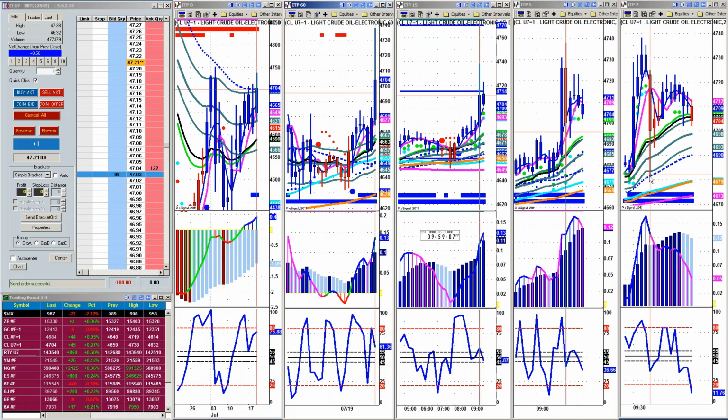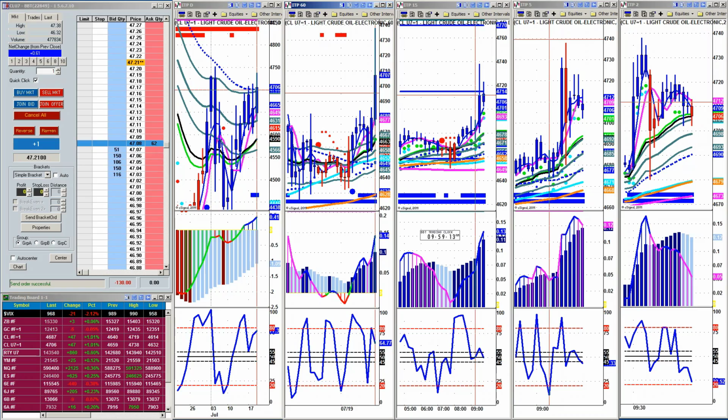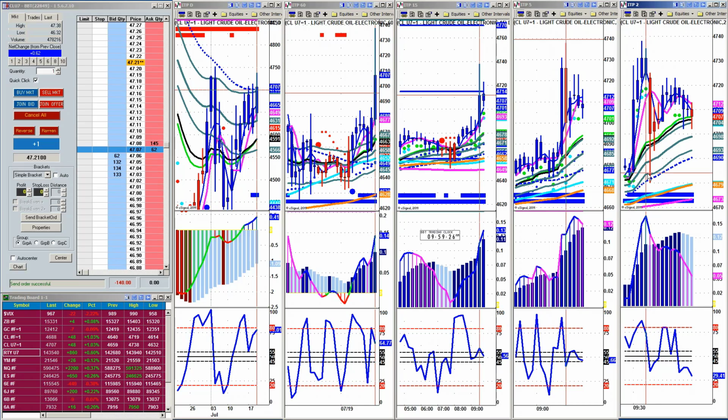Since we pushed down into the 80 area earlier, I'd much prefer, as far as an add, I usually like to see a whoosh down into the key supports. Those usually give me the best opportunity to be profitable with that kind of trade.